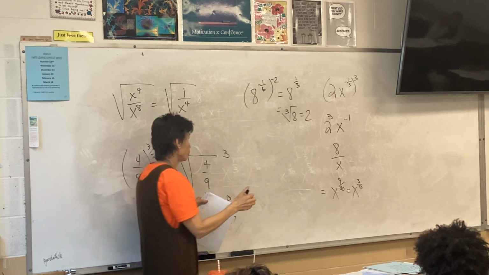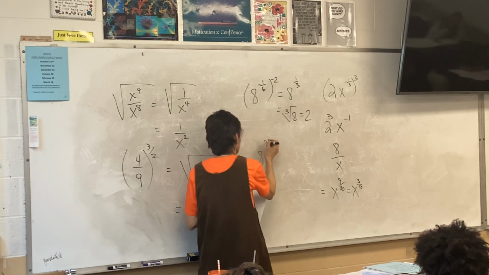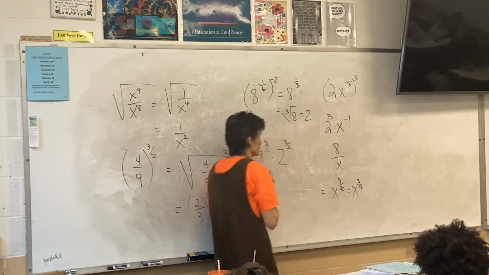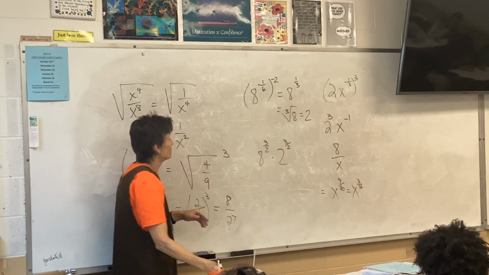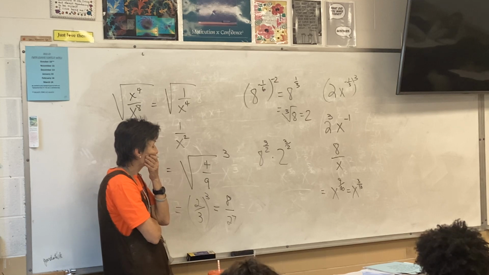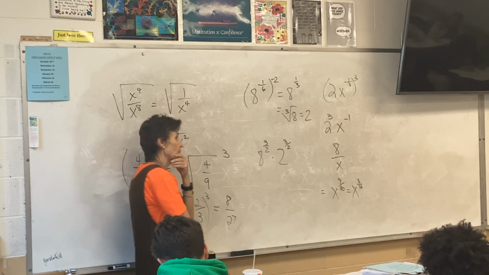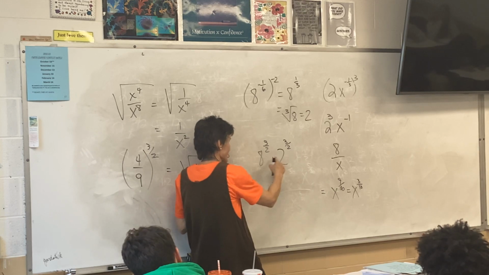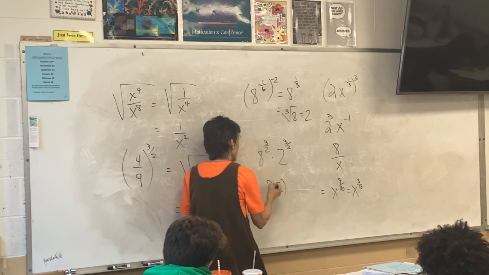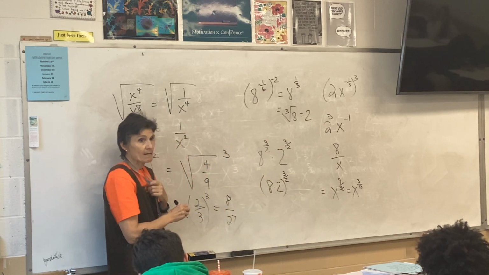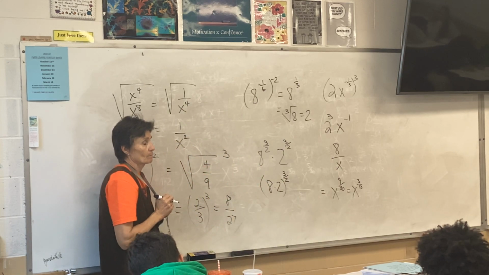All right, number 20. Got an equal base. Would you agree that another way of writing this would be 8 times 2 to the 3 halves? Is that the same thing?